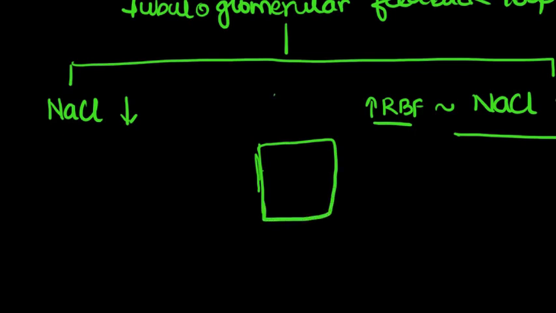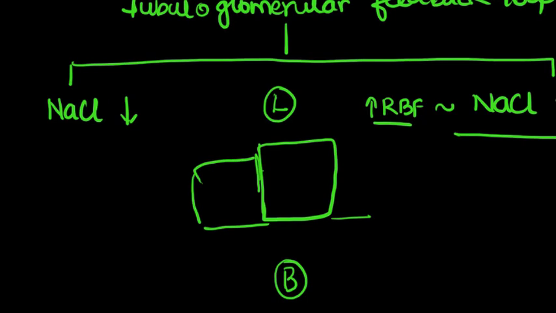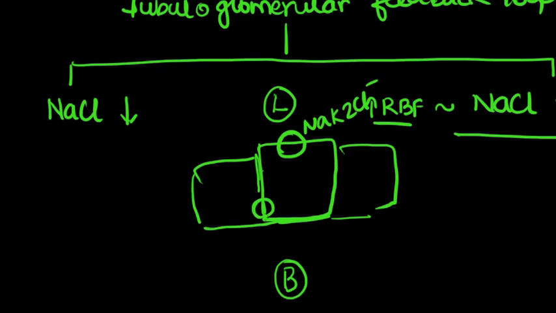So if this is the luminal side, which is opening, and this is the basal side, where you have other cells, and this is the tubular cell inside. On the luminal side you would have the sodium potassium 2 chloride co-transporter, and on the basolateral side you would have the sodium potassium ATPases.